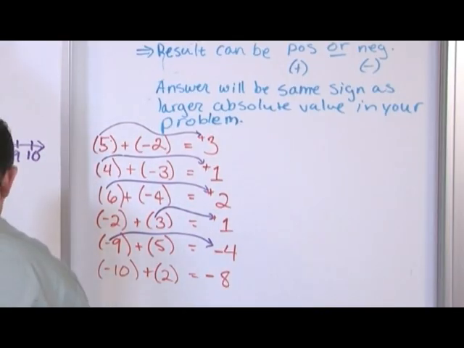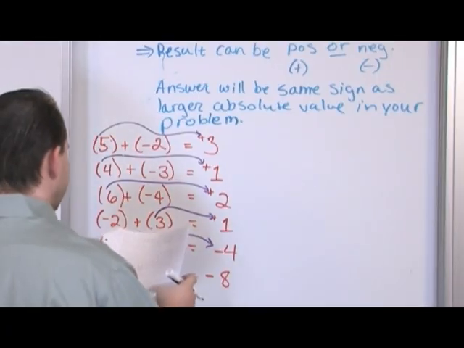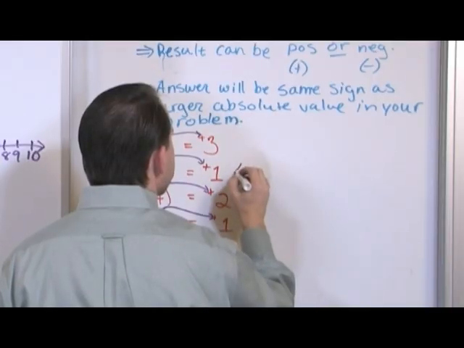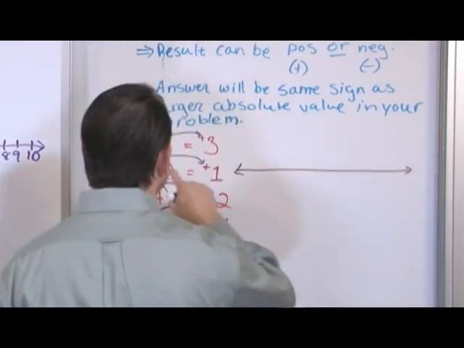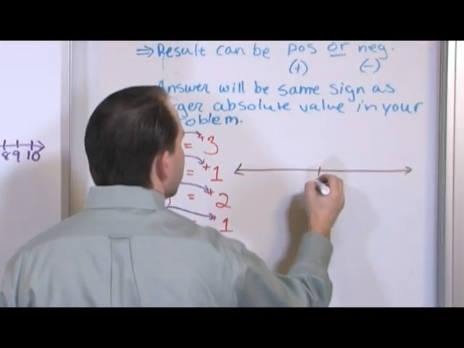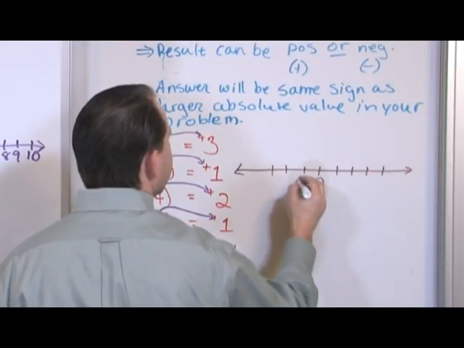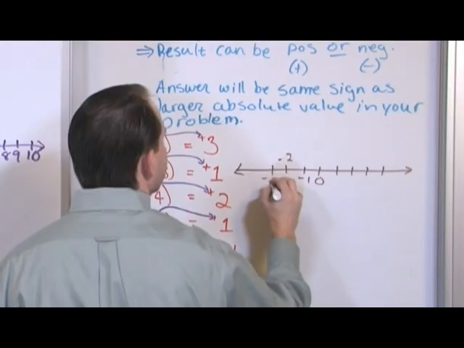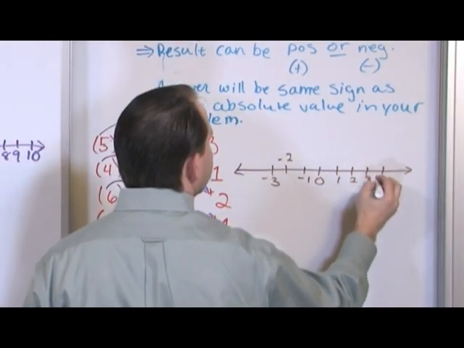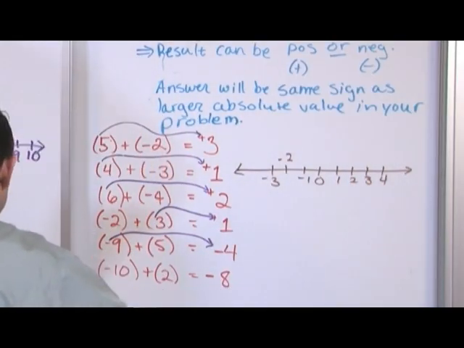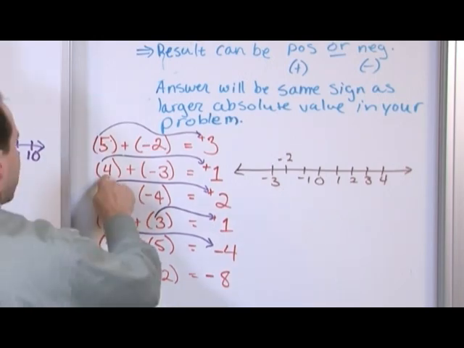Now, if you had represented this on a number line, just to do a couple of quick ones here, then you would have a number line: 0, 1, 2, 3, 4, negative 1, negative 2, negative 3. To make it easy and consistent, always start with the first number.